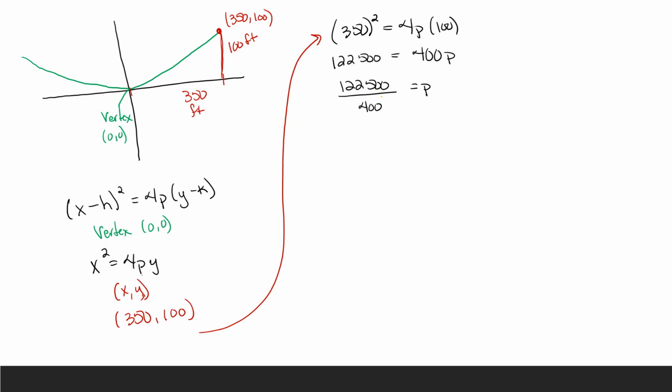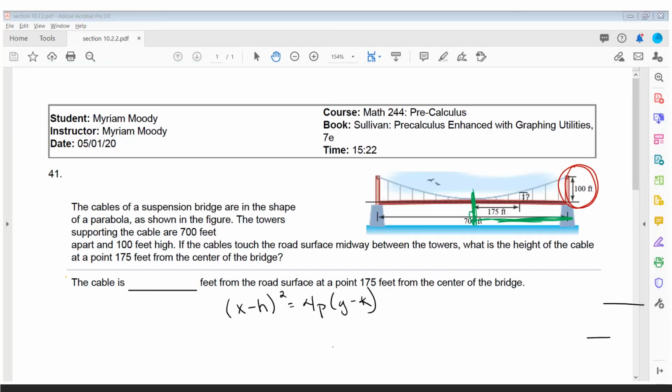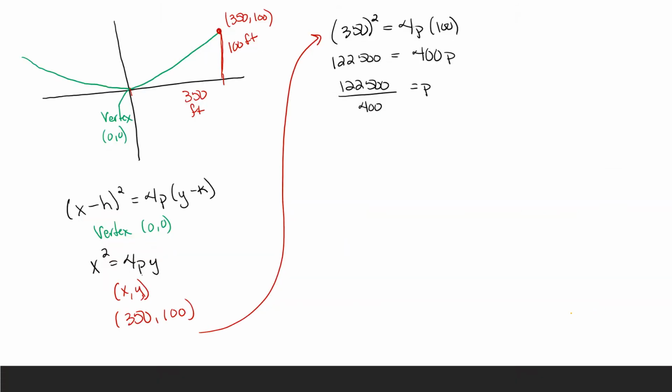Got to reduce, and let's see if this goes in evenly. This does not go in evenly. Let's take a gander. They didn't say anything about a decimal, so I can't use a decimal. Got it? All right. So I know that the value of p is going to be equal to 1,225 divided by 4, right?